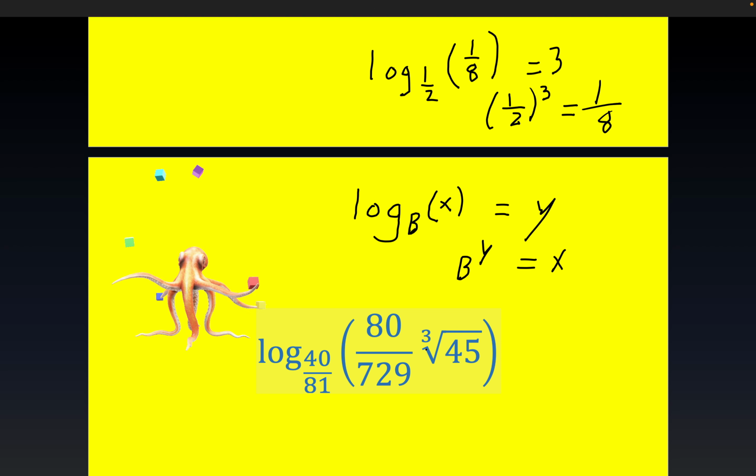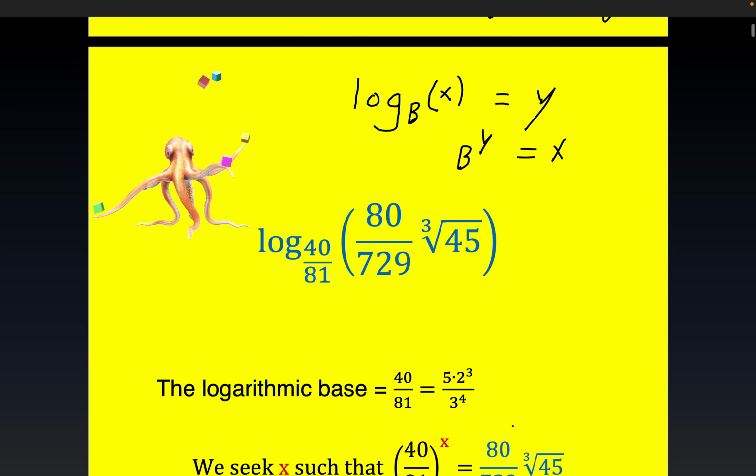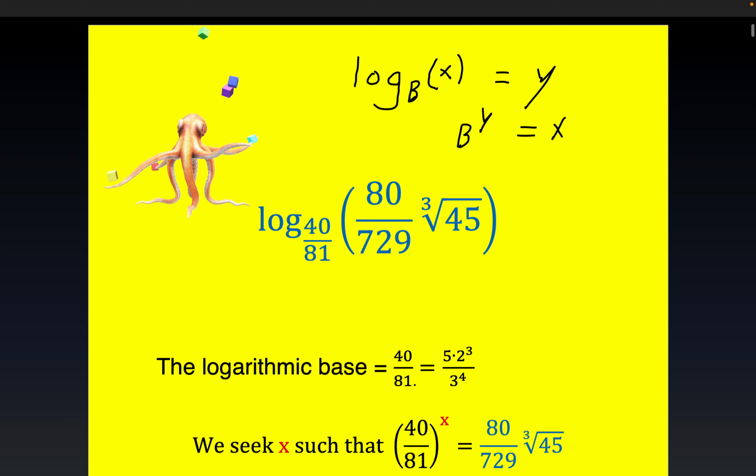Now a lot of you who've done logarithms might think, well, we just need to use the properties of logarithms. In fact, you don't. In fact, that's the hardest way to do this problem. So what we do right here is just consider the base and its prime factorization. This doesn't take too long to discover. And so you see, based on this definition I showed you, we're just seeking a value of x such that 40 over 81 raised to the x is equal to this value over here that includes an irrational number.